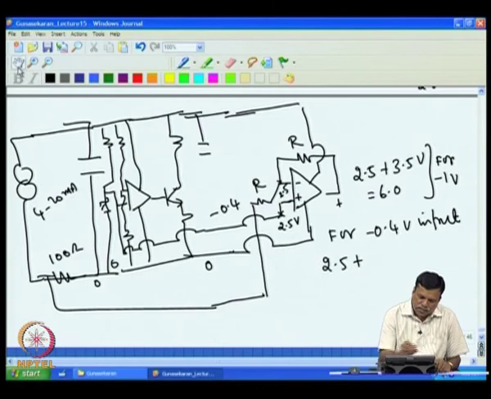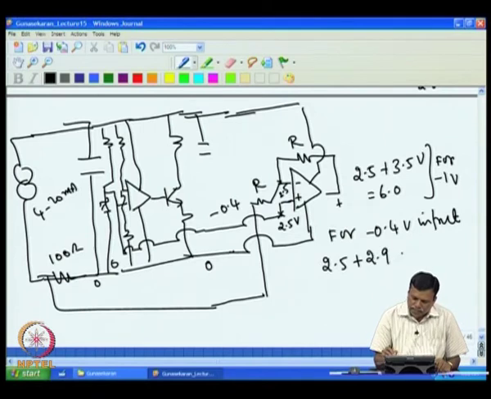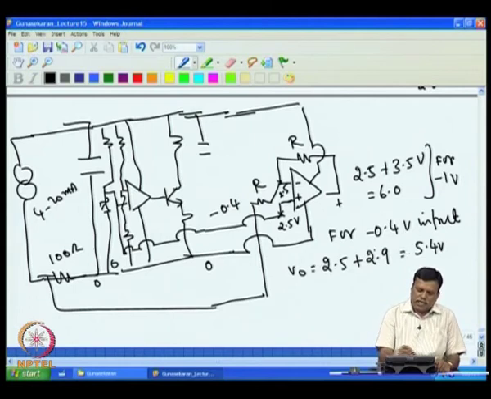The difference between these two is 2.9, so you will have 2.9 plus 2.5, which is 5.4 volt. That is V0. This is for minus 0.4 volt. So as the current increases here, you find this voltage also increasing, but this output voltage is positive.